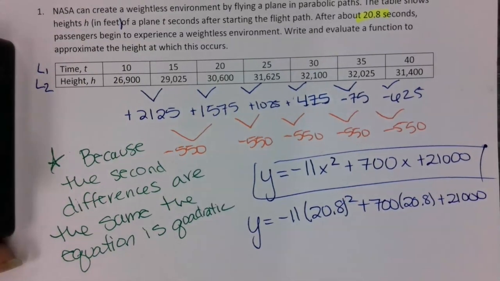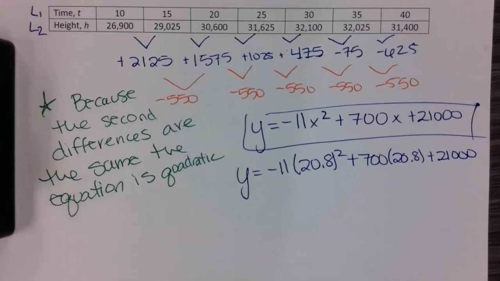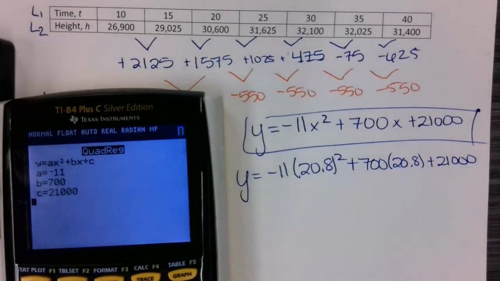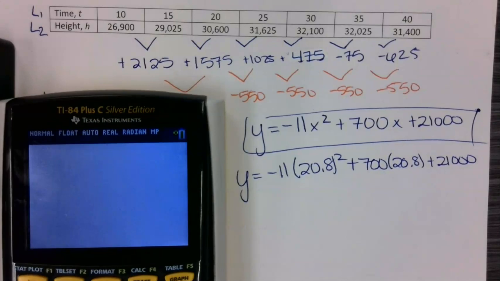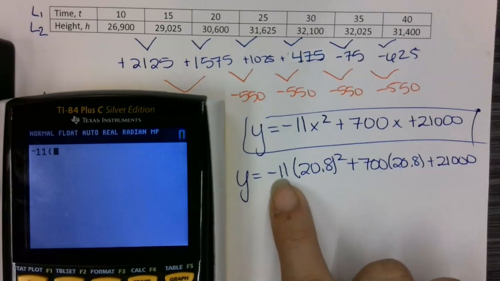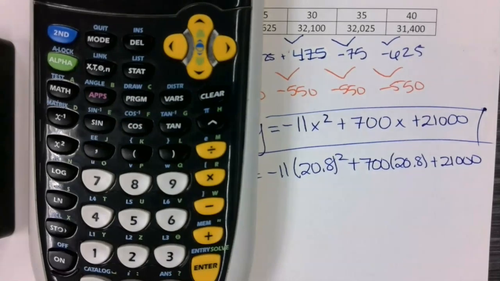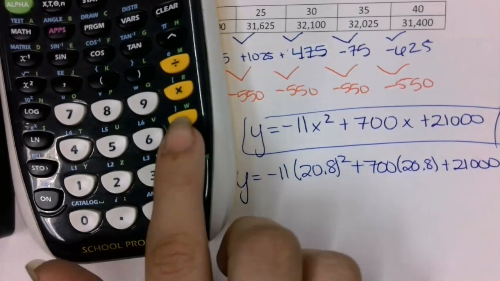Okay, so I have that there. I'm going to type that in. Make sure when I use the negative out front, it's the white negative, because the calculator cannot tell the difference between negative and subtract.